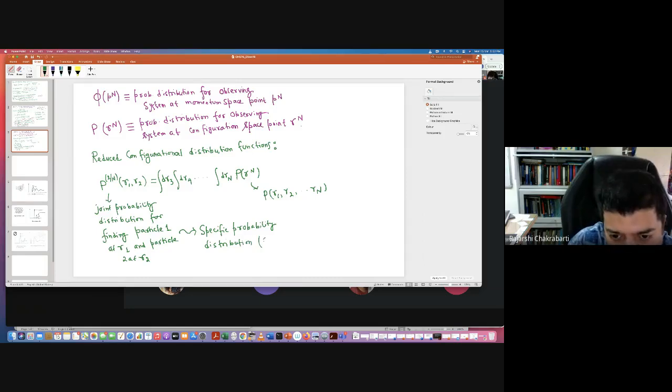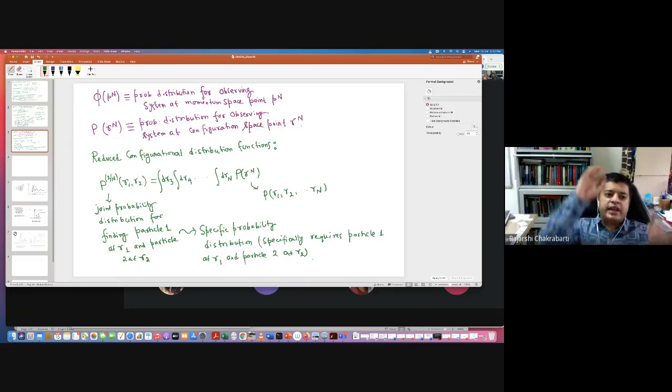Because it specifically requires particle 1 at r1, isn't it? And particle 2 at r2. You understand?